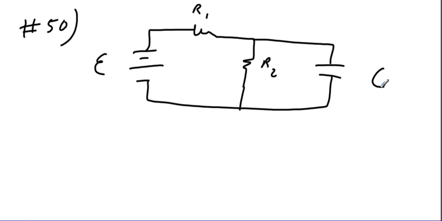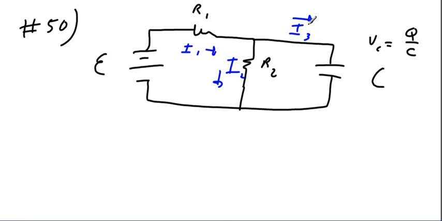Okay, well, we know the voltage across the capacitor is Q over C. And what we're going to do is say, well, I have some current 1 flowing that way, some current 2 flowing this way, and some current 3 flowing that way.